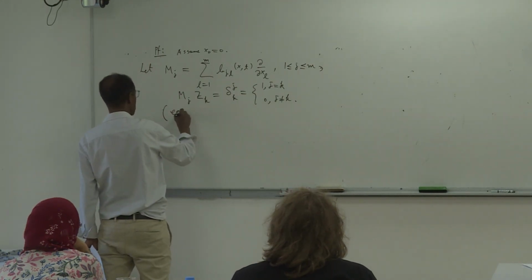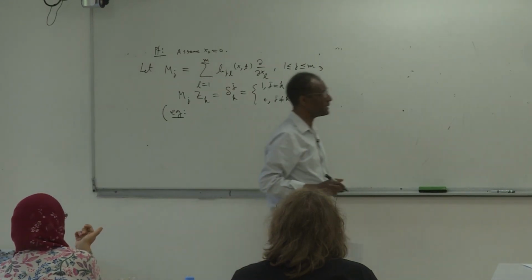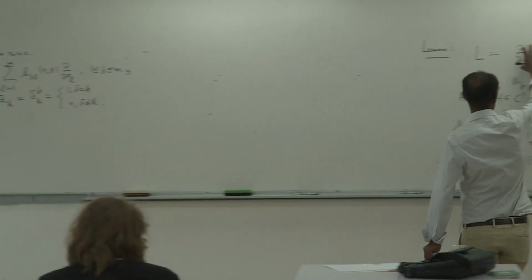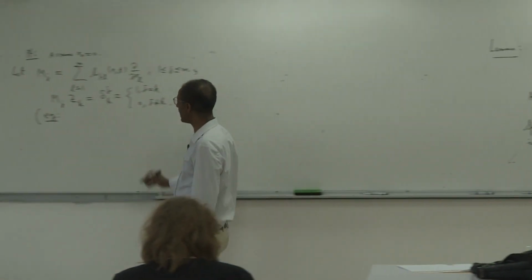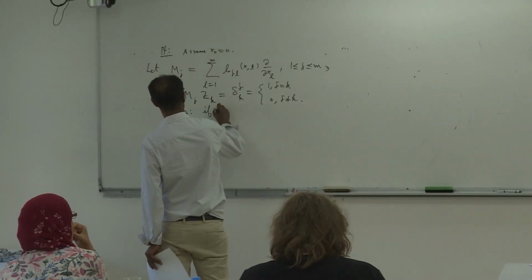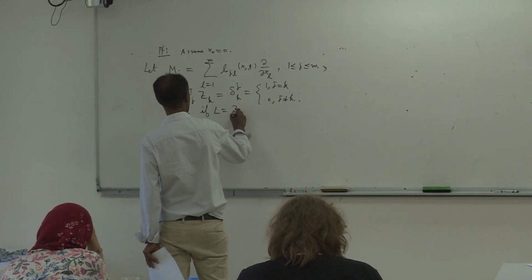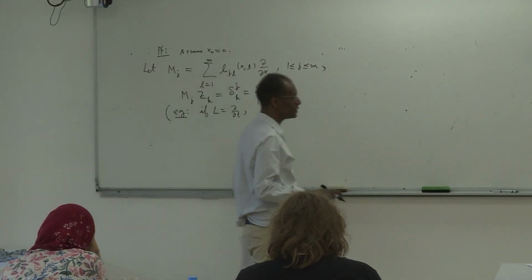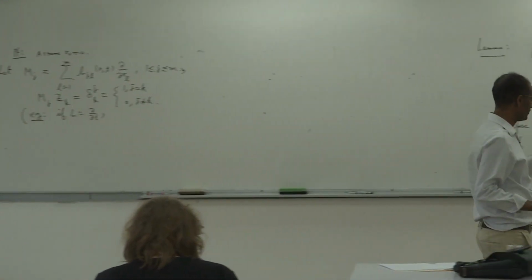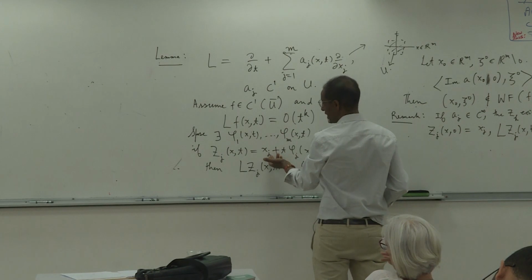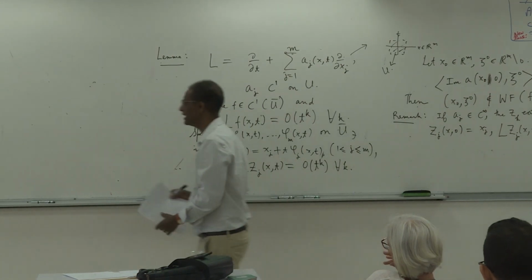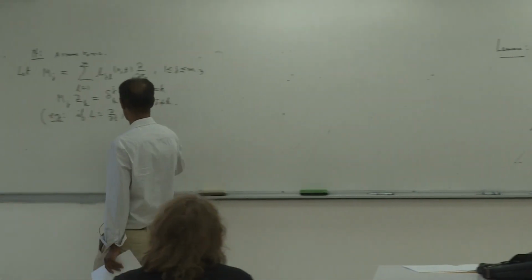Let's take the simplest situation: if L were just d by dt, if these coefficients were all 0, then the phase could be 0 here, and L, d by dt of the xj is 0. So the Zj would be xj.